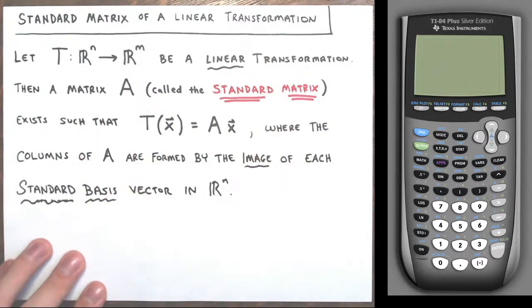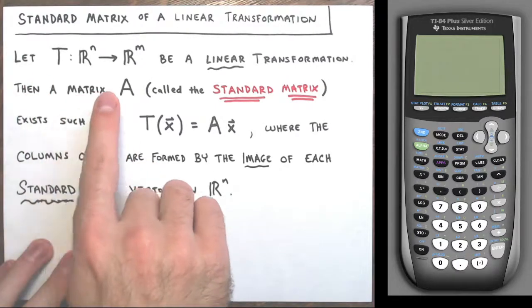That means that it satisfies the additivity property and homogeneity property that have been mentioned in previous videos, if you've been following along, as I'm assuming you have. So vector addition is preserved under T, and scalar multiplication is also preserved under T.